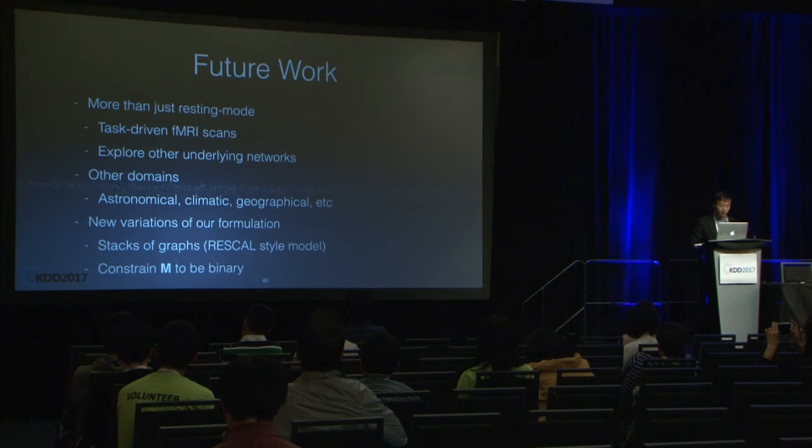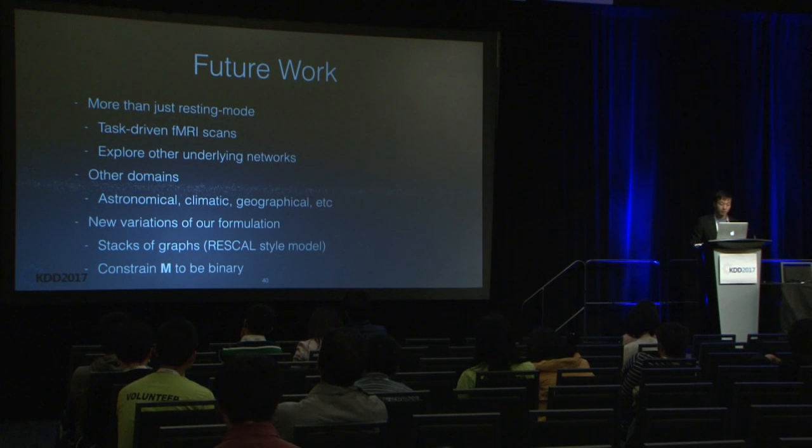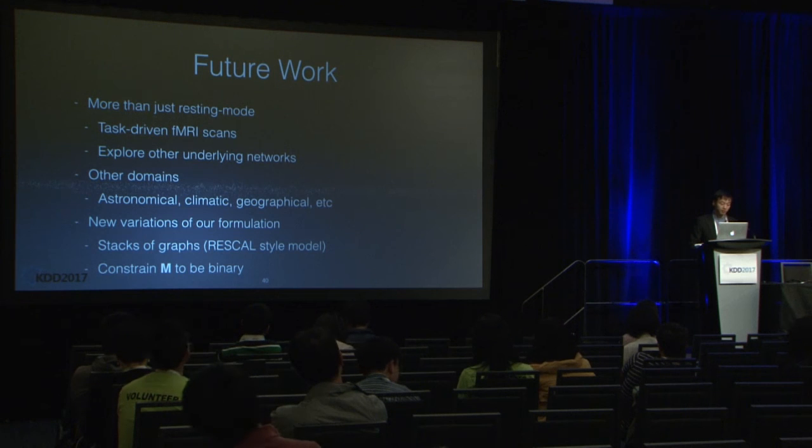So I'm going to take the last several minutes of my presentation to describe several future directions. Firstly, we're interested in extending our work to make new discovery of networks rather than just from the resting mode or reproducing the default mode network. We're looking forward to exploring the task-driven fMRI scans and discover new networks that correspond to various tasks.